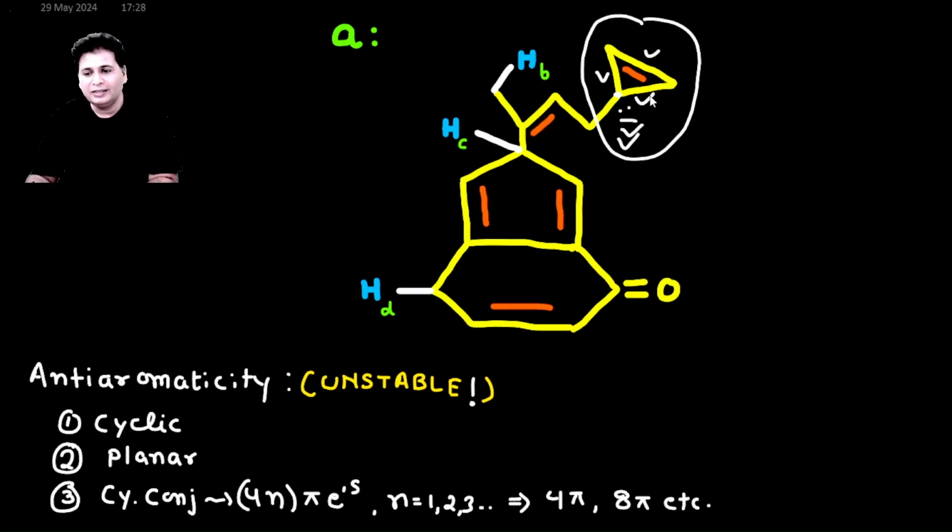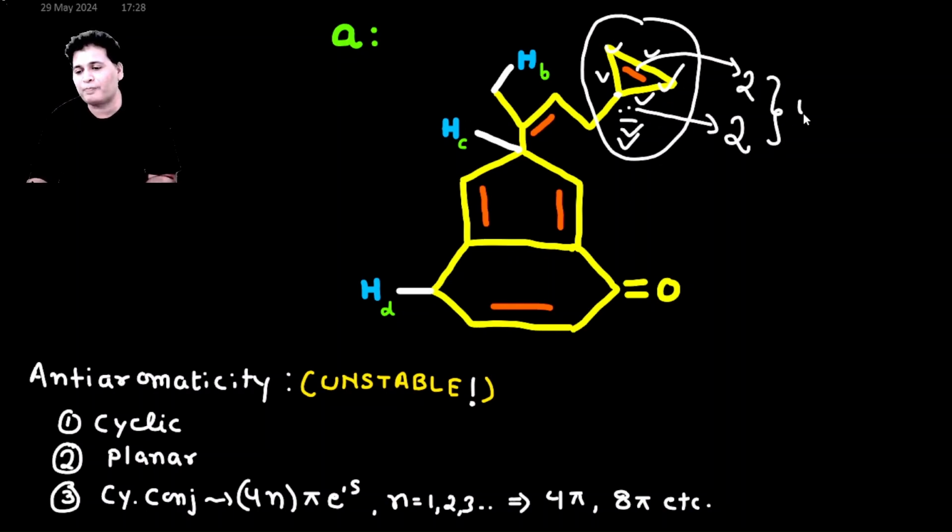Minus charge, single bond, double bond, all the 3 carbons are involved in this conjugation. And how many electrons are involved? 2 electrons from here and 2 from this pi bond. So altogether there are 4 pi electrons in a ring.